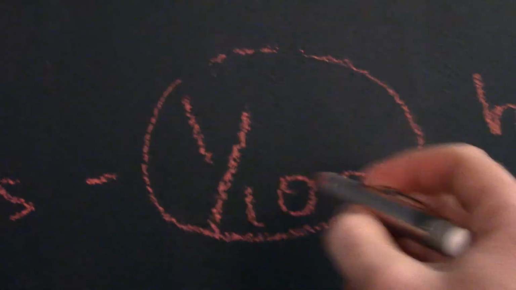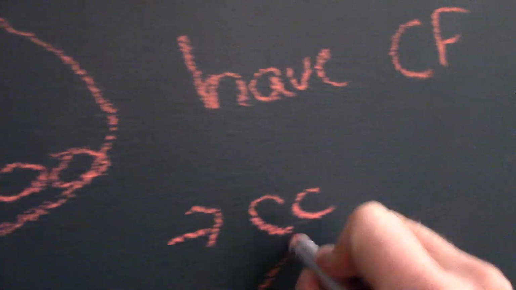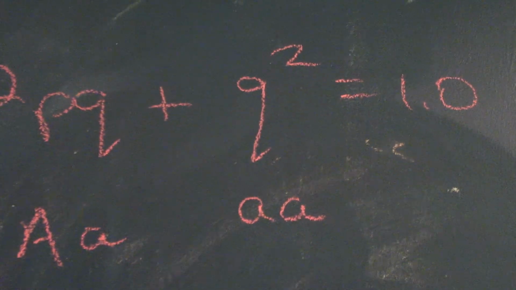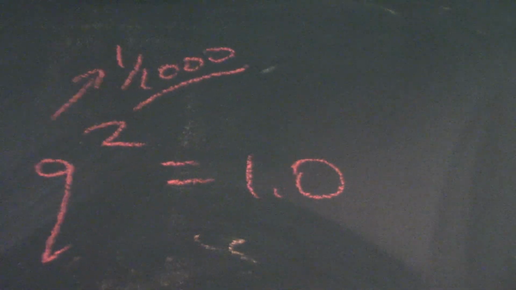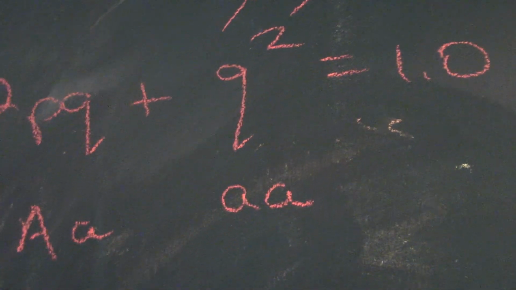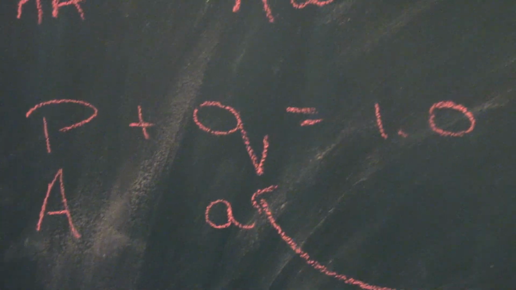So you would be able to use this to figure out how many individuals are little c. So 1 out of 1,000 in this case would be q squared. All right, so that would be 1 out of 1,000. And then I could do my math, solve for the frequency of 1 out of 1,000, which is 0.001, and that's my q squared. And then I can use that to solve for q, right? q squared to q would be square root, right?